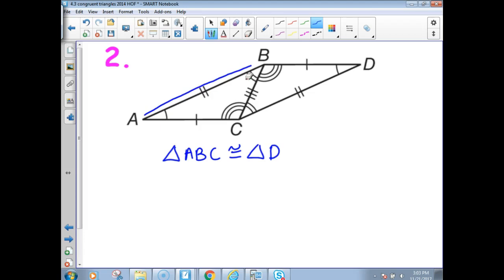It's not really angle B, it's angle ABC. What angle does it match up with in the other triangle? Yes, it's down here. So we went that way. So here we're going to have to go this way. So it's going to be DC, and then we went AB, C, the triple marked one. So we will end at the triple marked angle, which is at B in the other triangle.